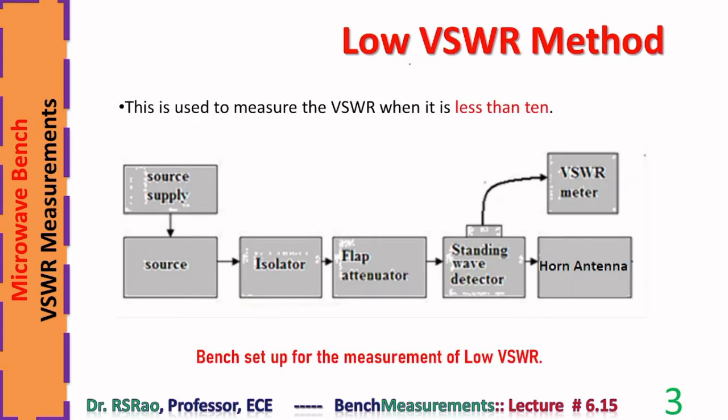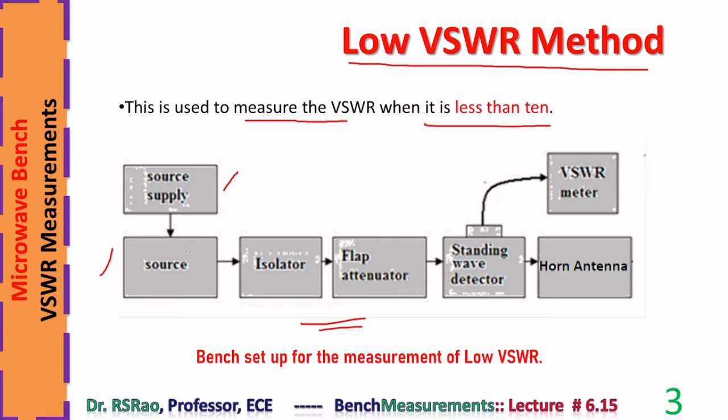Now we move to the low VSWR method. As already mentioned, this method is used to measure VSWR when its value is less than 10. The bench setup used for this method is illustrated here. Starting point is a source along with its source supply. If the source is a reflex klystron, the source supply is the reflex klystron supply.